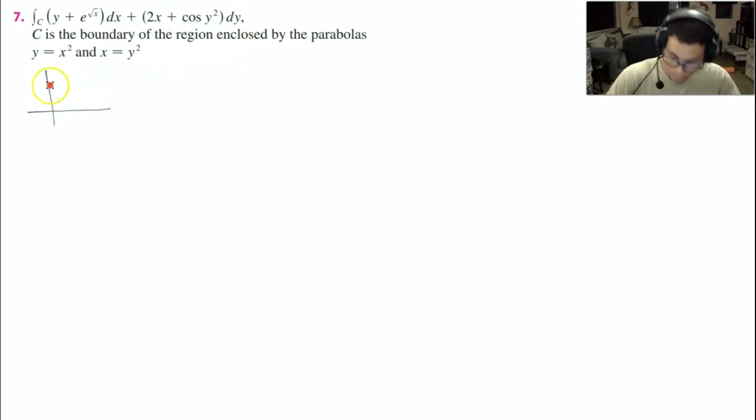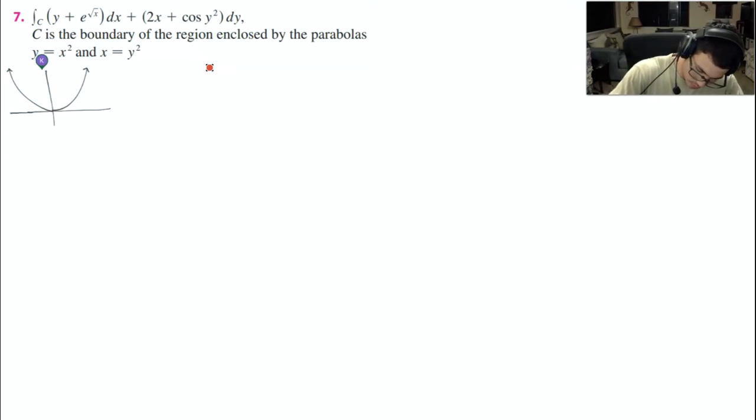The boundary is enclosed by these two parabolas. Well, I definitely know that y equals x squared looks like this. Okay, what about the other one? If you were to turn your tablet or your screen 90 degrees like this, and then graph it as if you had a parabola.